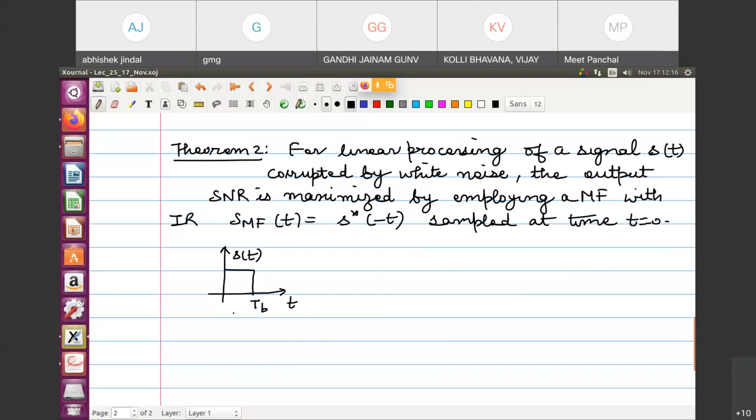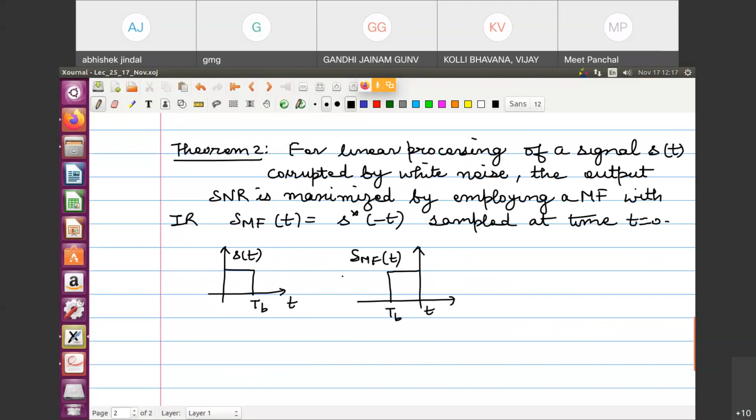Then what will be the matched filter for this transmission? s_MF(t) would be obtained by basically flipping, and this would be the matched filter.